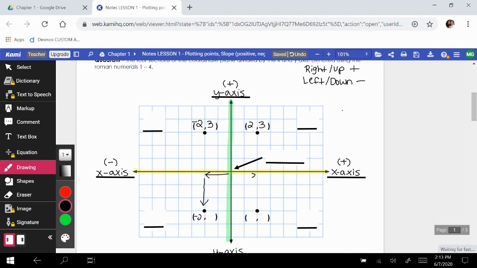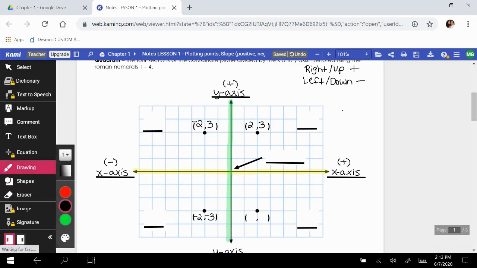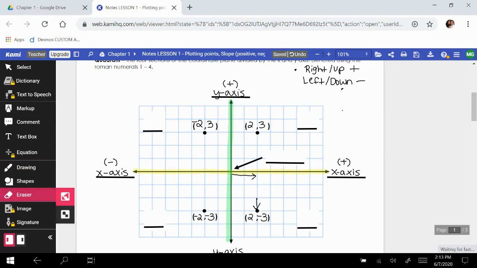Left is negative, down is negative. So that'd be negative 2, negative 3. Finally, over here we go right 2, down 3. Remember, right is always positive and down is always negative. So this is going to be positive 2, negative 3. Okay. That's how we plot an ordered pair, x comma y.